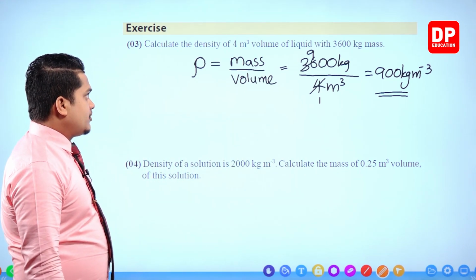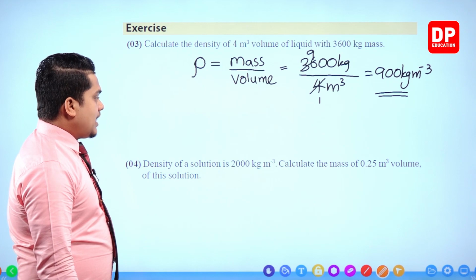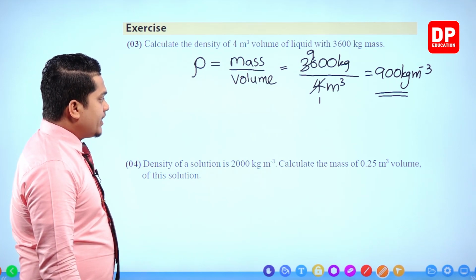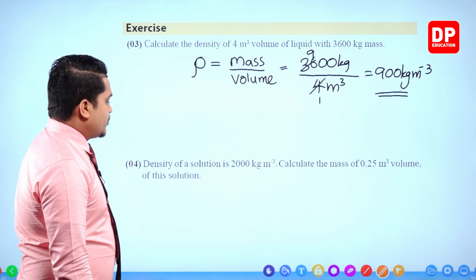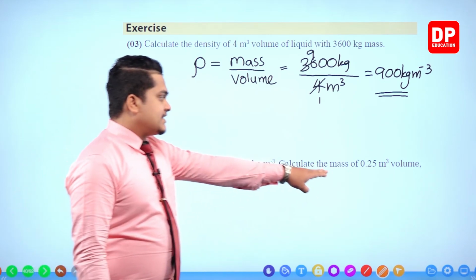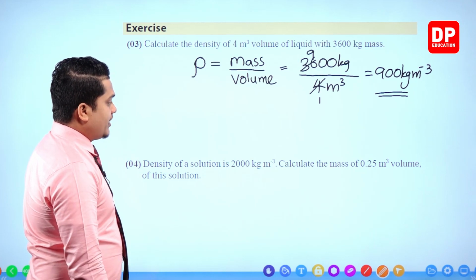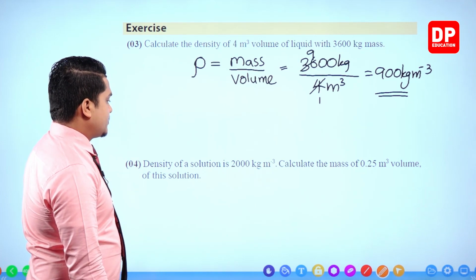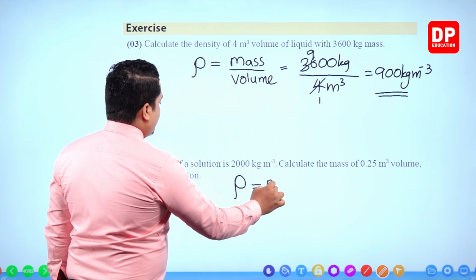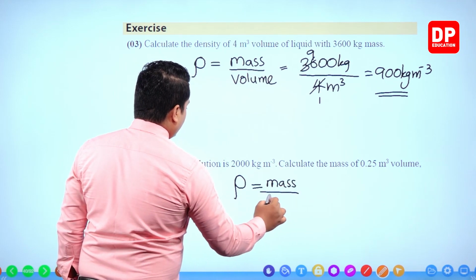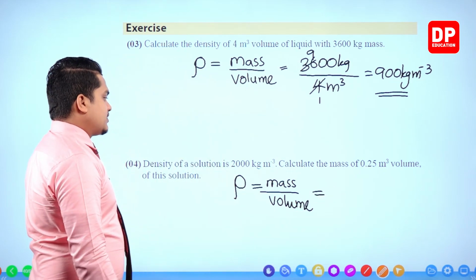Next one, density of a solution is 2000 kilograms per cubic meter. Calculate the mass of 0.25 cubic meters volume of this solution. So you need to find out the mass of 0.25 cubic meters. Once again, we'll apply the formula density or rho is equal to mass over volume.